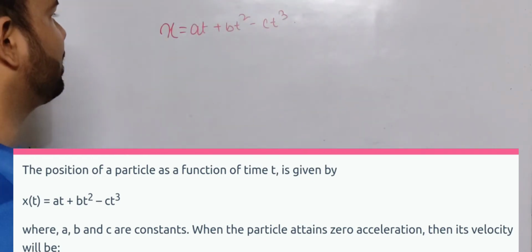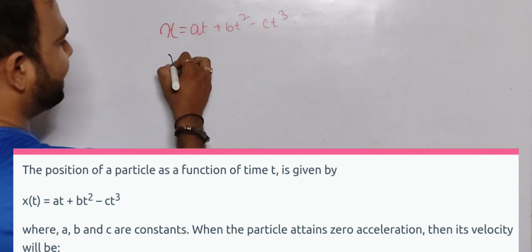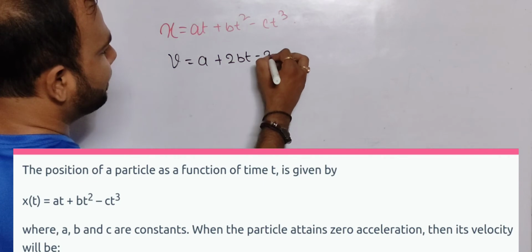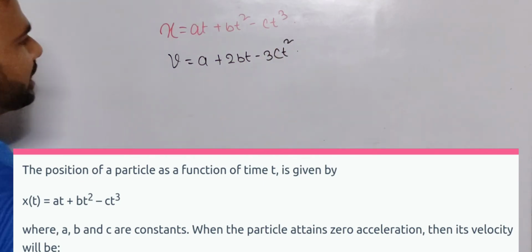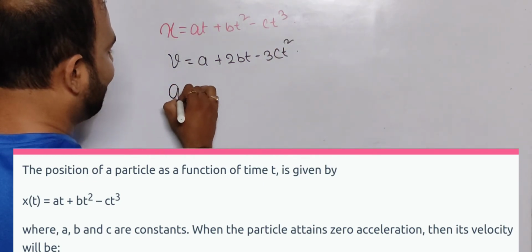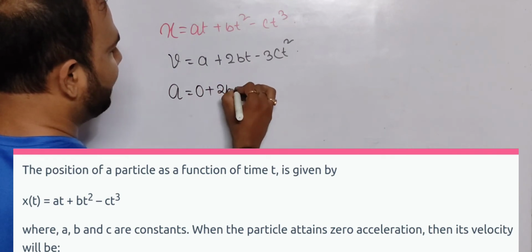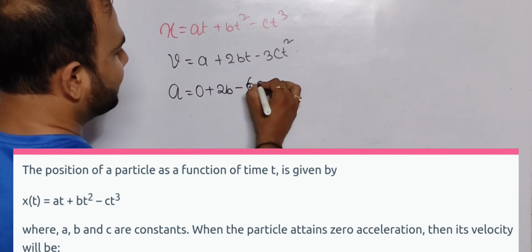So first we differentiate, we get the velocity a plus 2bt minus 3ct square. We simply differentiate it again, we get acceleration 0 plus 2b minus 6ct.